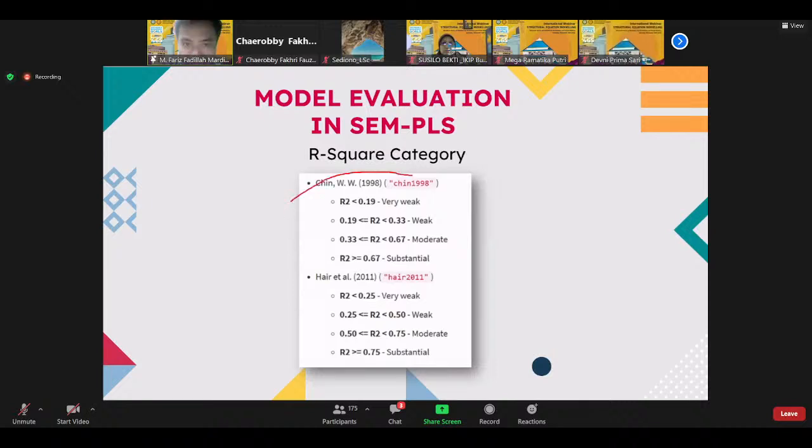This is the categories of R-square or determination coefficient, and this is when we refer to high at all. Okay, which one that you choose?